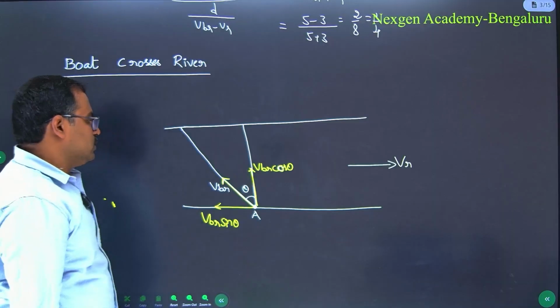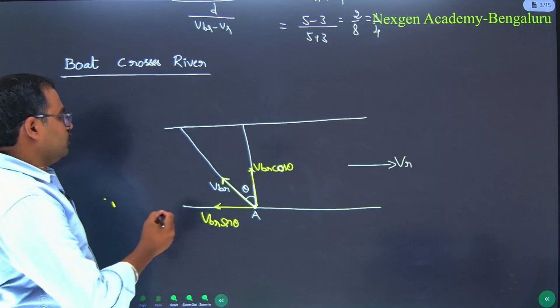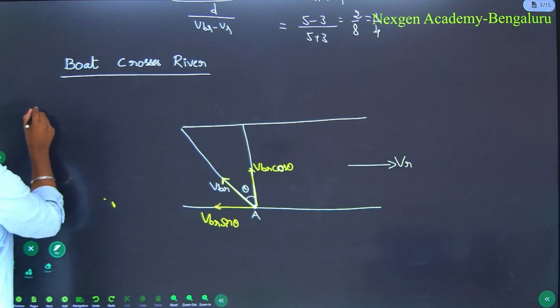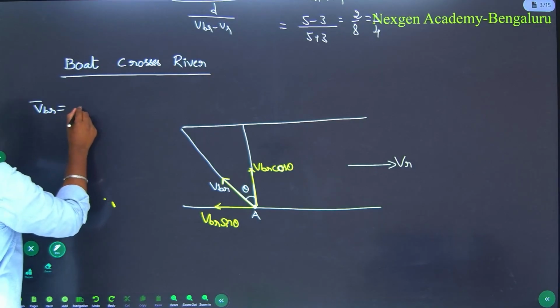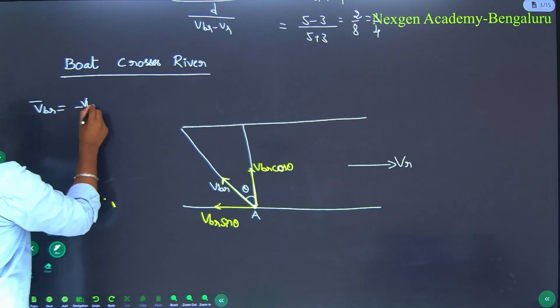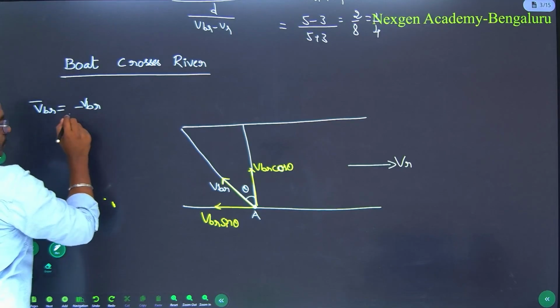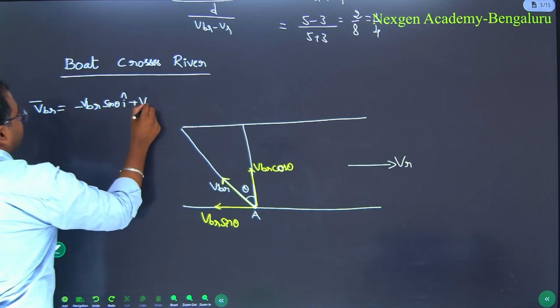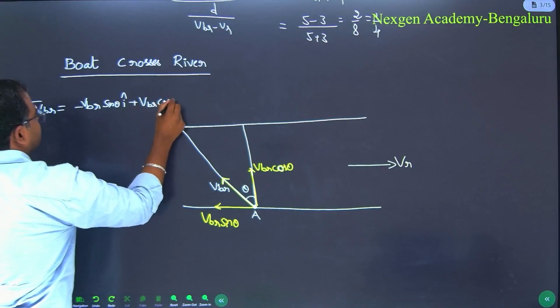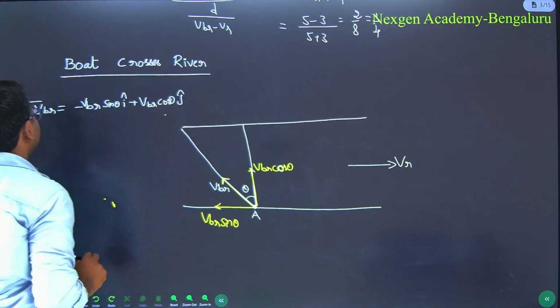Now tell me, what is the boat velocity in terms of vectors? In terms of vectors, VBR can be written as minus VBR sin theta i cap plus VBR cos theta j cap. This is the velocity vector.